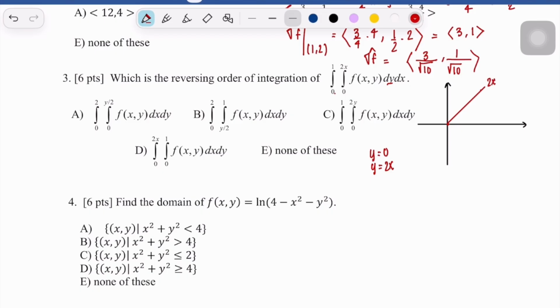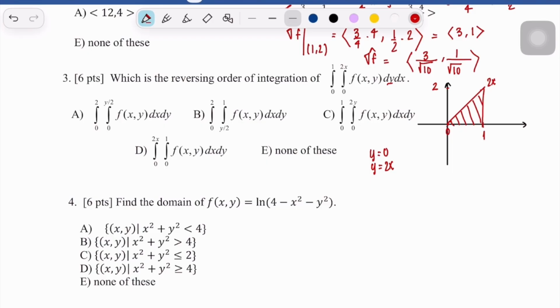Okay, and for x, it goes from 0 to 1. Okay, what would this point be on the y-axis? So this is the region that we're covering. And this point on the y-axis will just be 2, right? And now we have to flip the order of integration. So we have to take the x bounds first and then the y bounds. Okay, so x ranges from this line to 1.